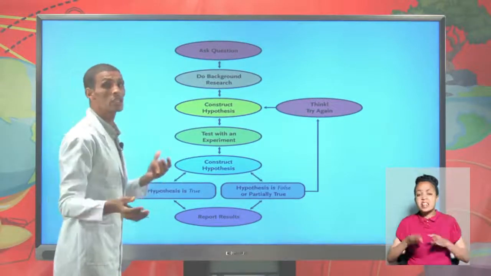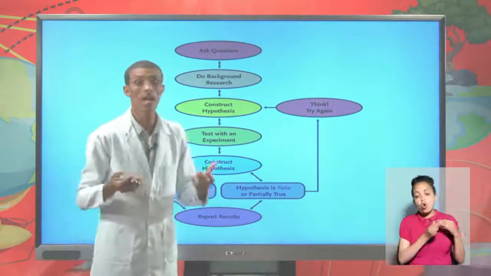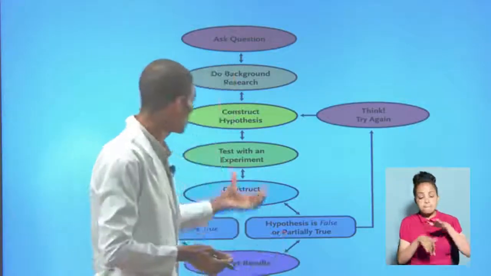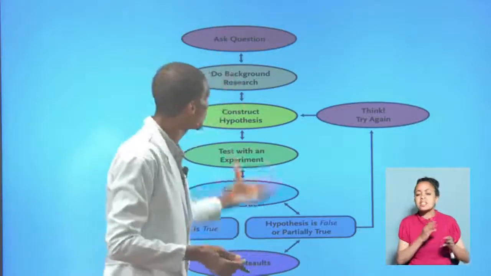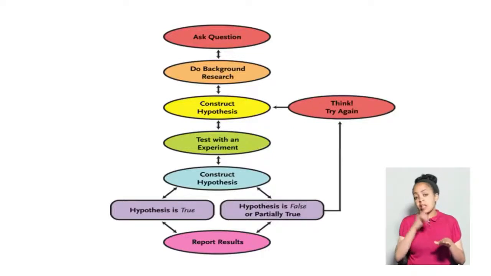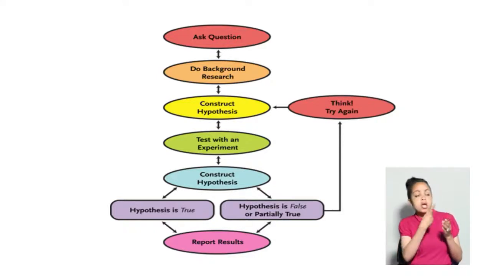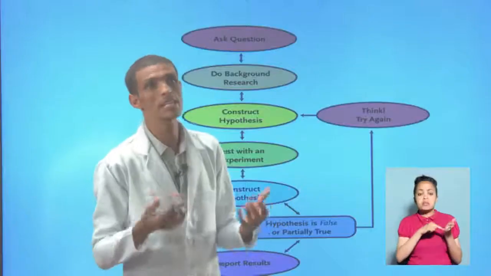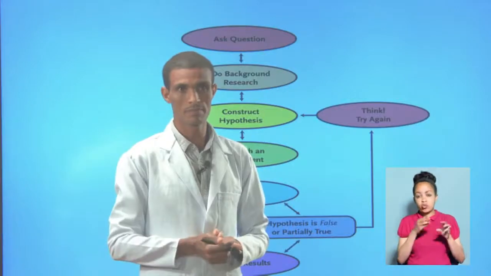Scientific method has its own steps that we pass through. Firstly, we ask a question about what we observe from our surroundings, which is the beginning step of scientific method.